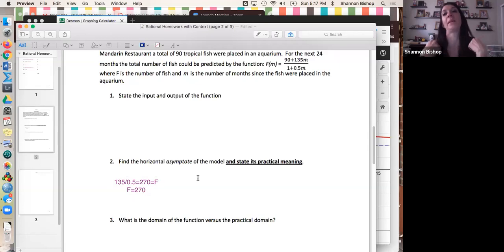Okay, but what does it mean? Keep in mind that horizontal asymptotes are barriers. They're not errors, they're just barriers. If you were to graph this function, which I encourage you to do in Desmos, we will in a minute also, you're going to see that it's increasing, but it's not increasing indefinitely. It reaches an upper limit.